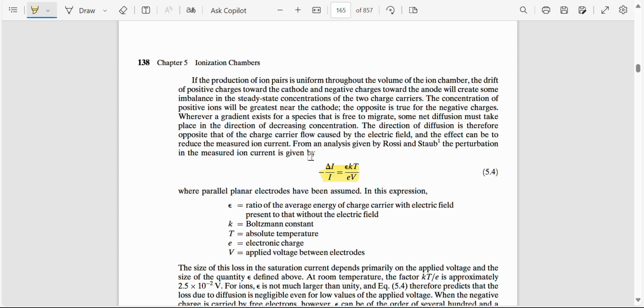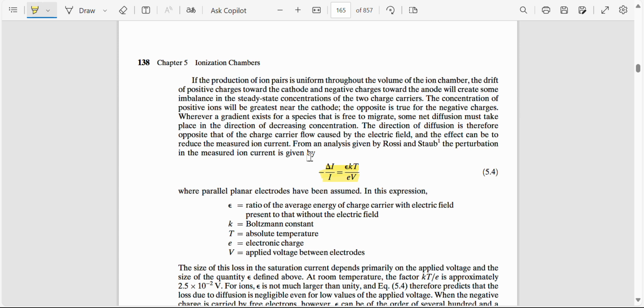What this formula says is that minus delta I divided by I equals epsilon kT divided by eV, where epsilon is the ratio of the average energy of the charge carrier to the electric field, k is the Boltzmann constant, capital T is the absolute temperature, small e is the electronic charge, and V is the voltage applied externally to the gas chamber.